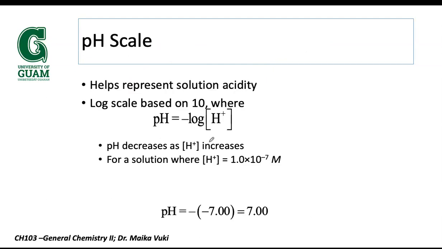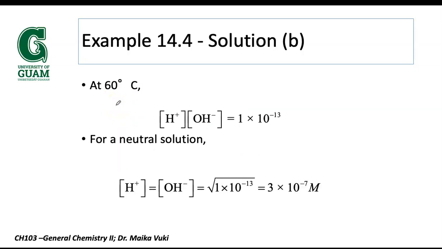And then we can calculate the concentration of the species in there. So if you look at the equation, H plus and OH is going to give you the K value, which is 10 to the -13, and you come up with a greater number for the molarity, which is 3 times 10 to the power of -7 moles per liter.